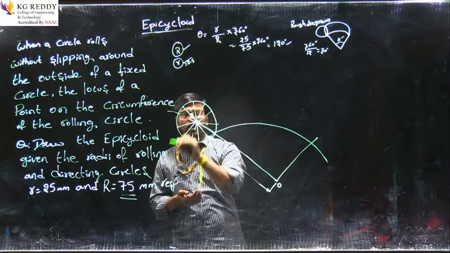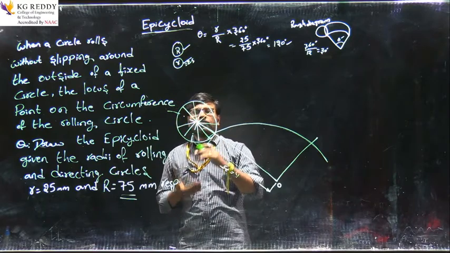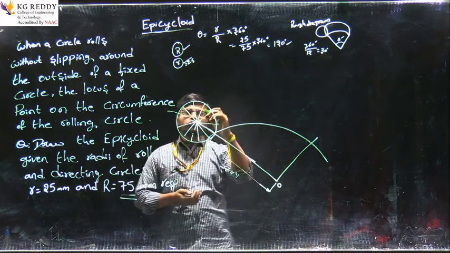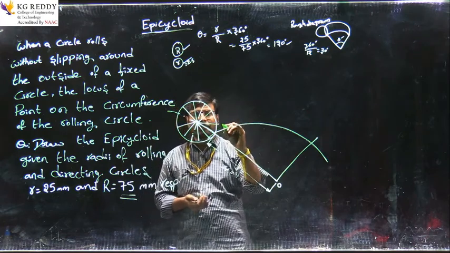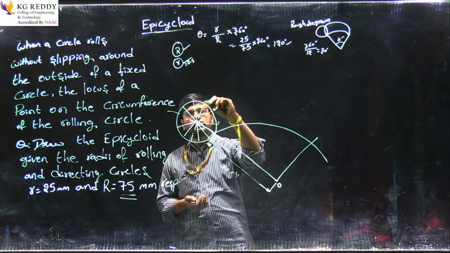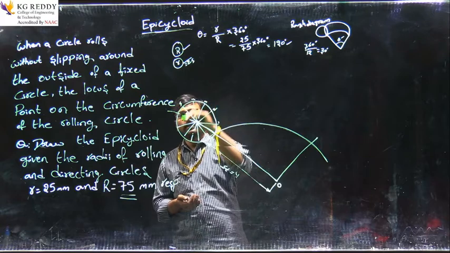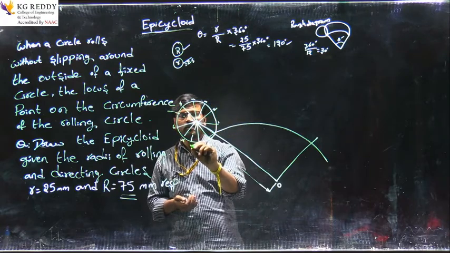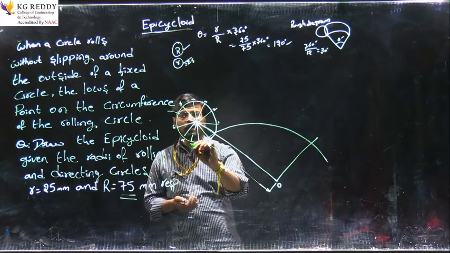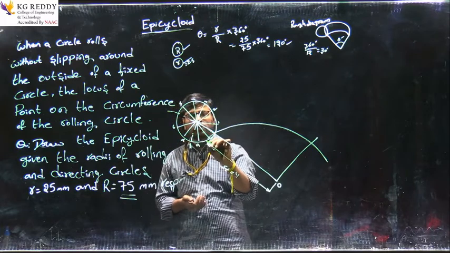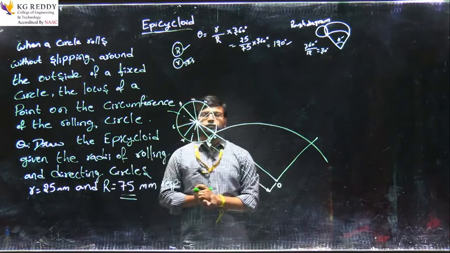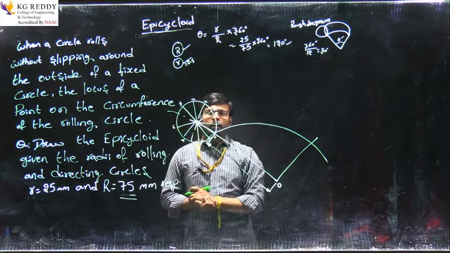This is the way we divide a circle. Then we number the points: 1, 2, 3, 4, 5, 6, 7, 8, 9, 10 and 11. Like this we make the numbering.